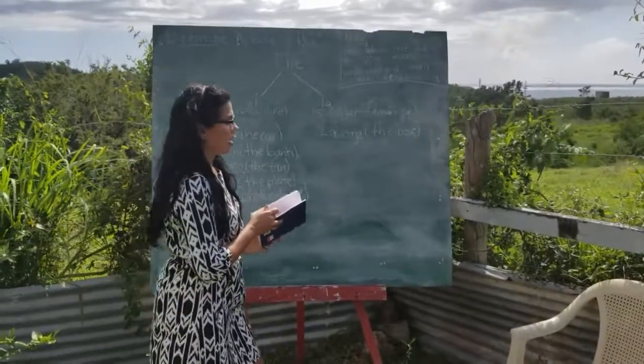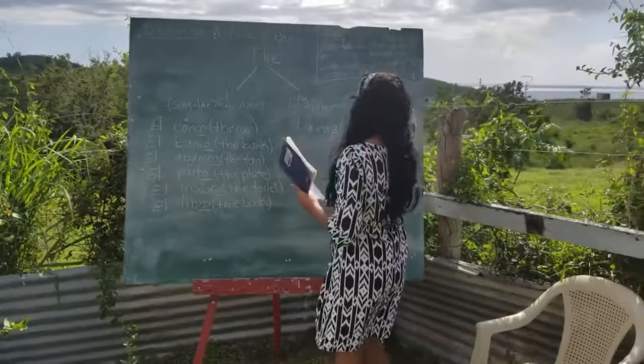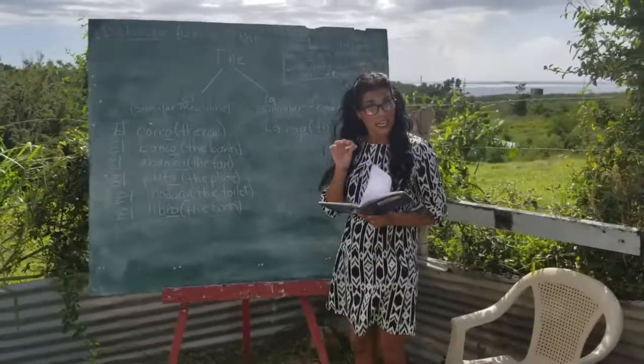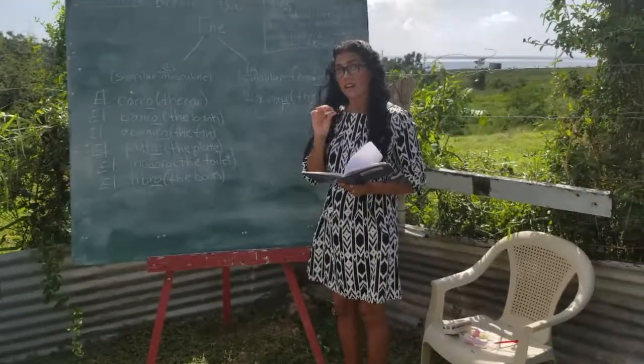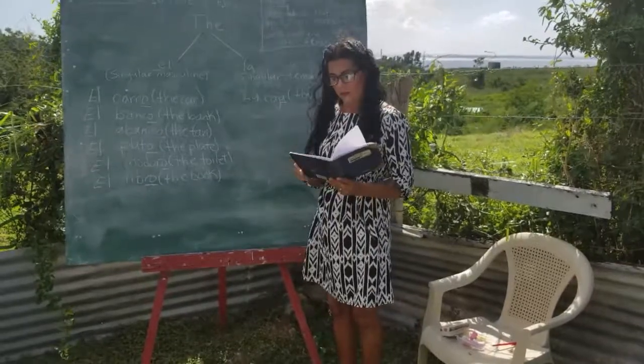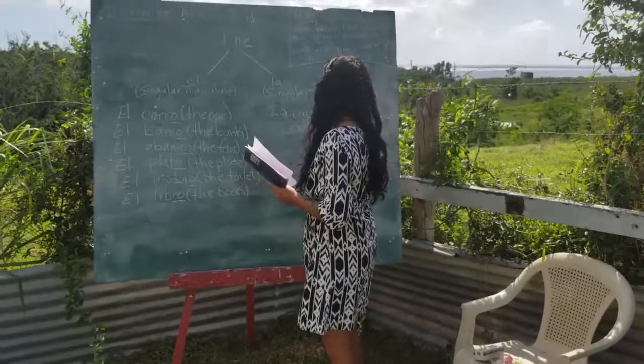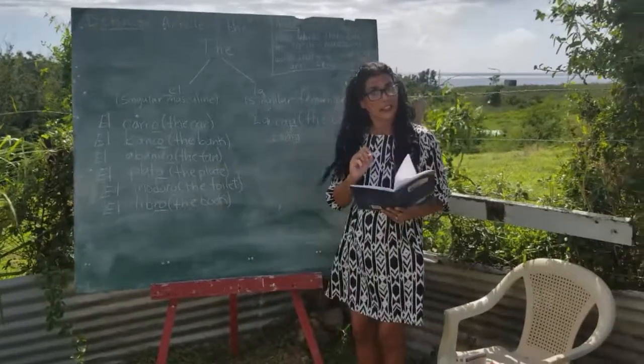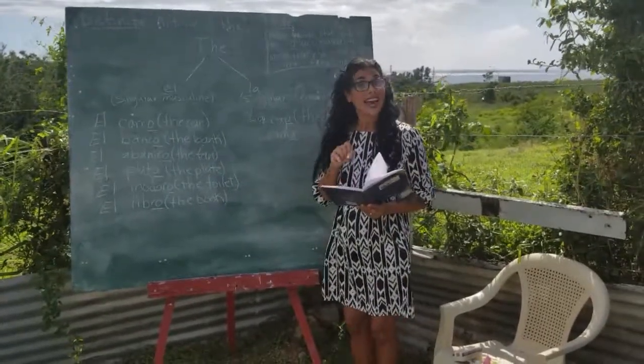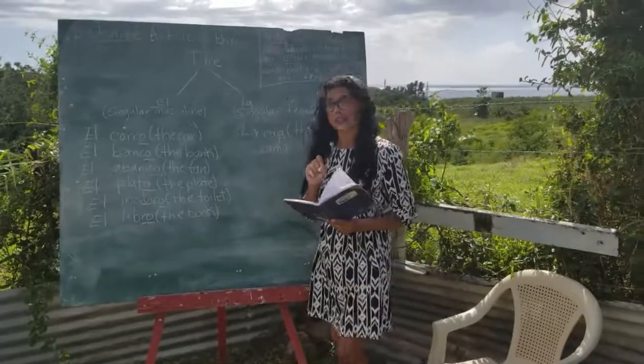So let's look at other feminine ones. They are feminine just because they end in an A, not because they have any sex. So, cama. Ends in an A, therefore it's la cama. Cama is a bed.